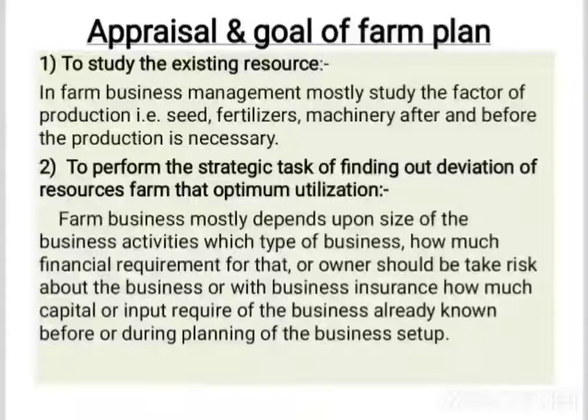This is all about the farm planner identifying what resources are available, what the optimum utilization is, and what the extent of deviation is between the optimum utilization and the existing resources.